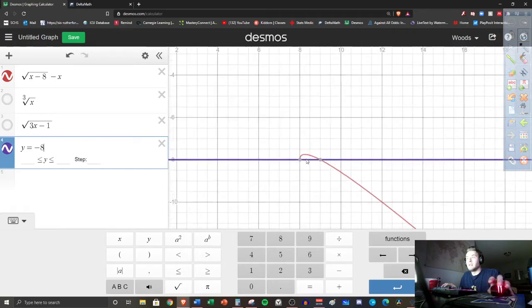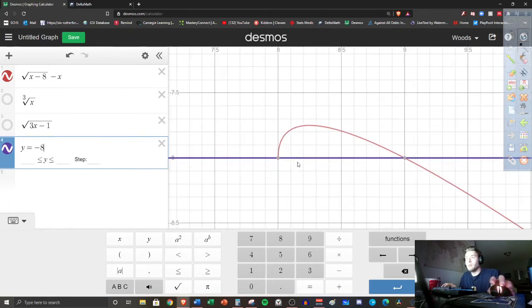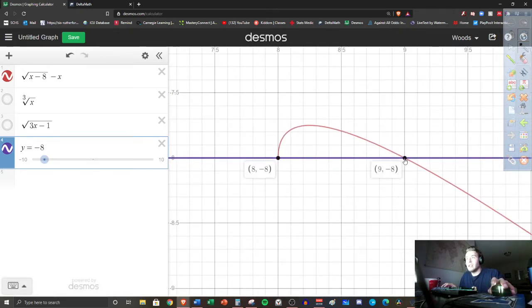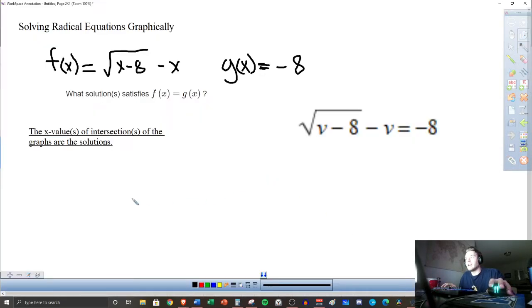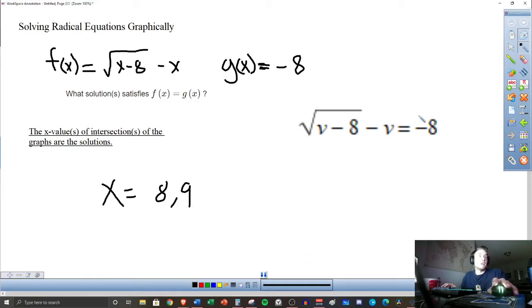So there we go. We zoom in and we see that there are 2 points of intersection, 8 and 9. Those are our solutions. It's that quick and that easy. x equals 8 and 9, not negative. So that's going to be our solutions to this. And if we solved it, we'd have to do a quadratic and all of that stuff, okay?